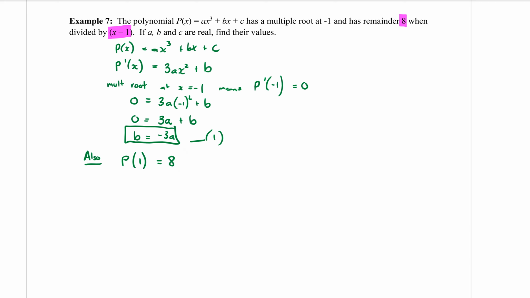Subbing that into my polynomial, the polynomial is 8 and the x is 1. So it's a times 1 cubed plus b times 1 plus c. So that is 8 equals 1 cubed is just 1, b times 1 is b, plus c. So I have another equation, but unfortunately that one has 3 pronumerals in it. What else do we know?